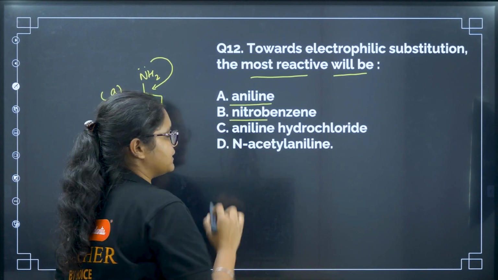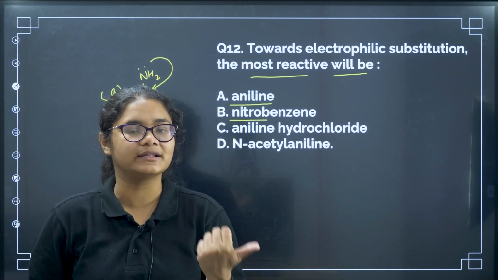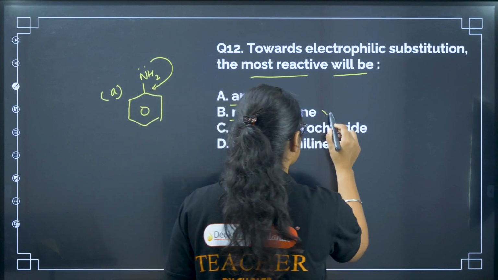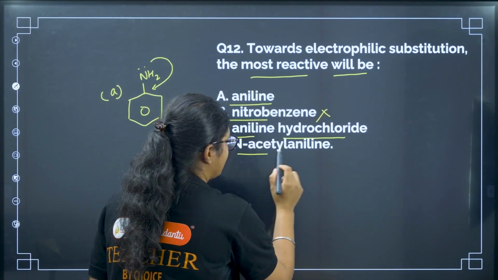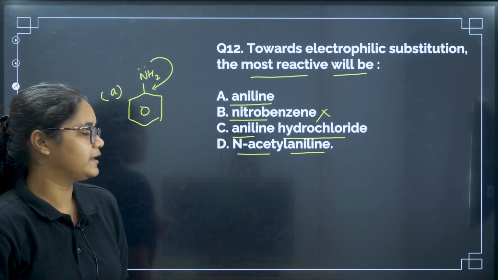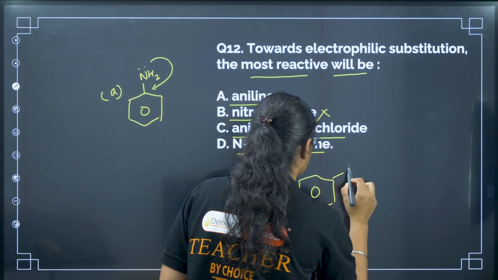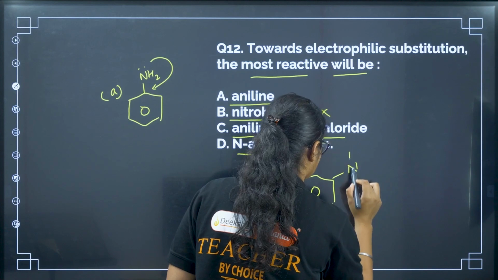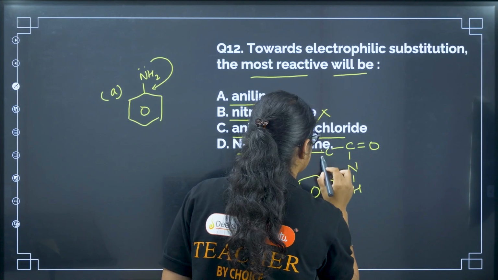Now nitrobenzene: the nitro group is an electron withdrawing group, it reduces the electron density of the ring, so this will decrease the reactivity. Aniline hydrochloride, same thing. And N-acetyl aniline has the NH replaced with a COCH3 group, right?